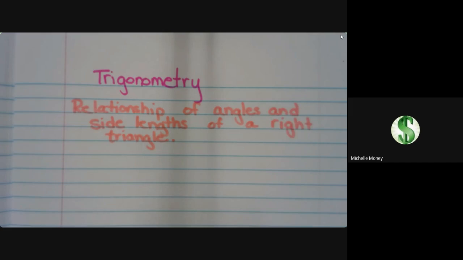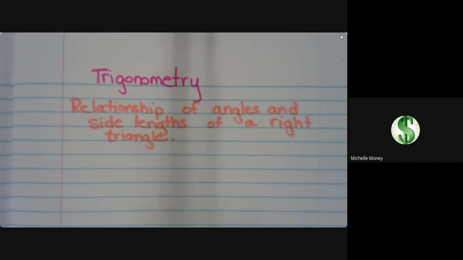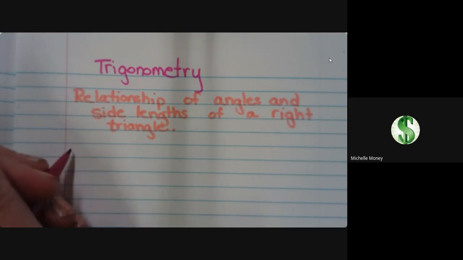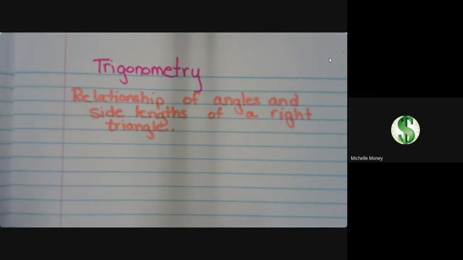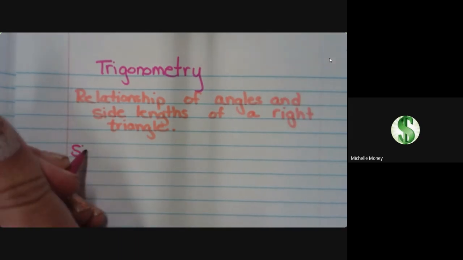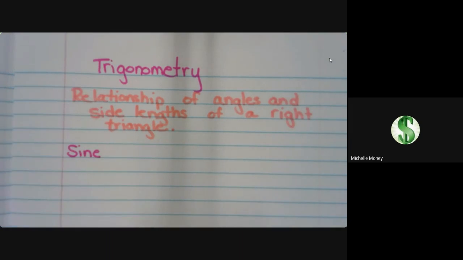All right, so it's basically just a relationship in a right triangle where we're using trig functions. Okay, so we have three types of trig functions that we use in geometry. When you go to pre-calc, you use 6 different types. All right, so the first one is called the sine.